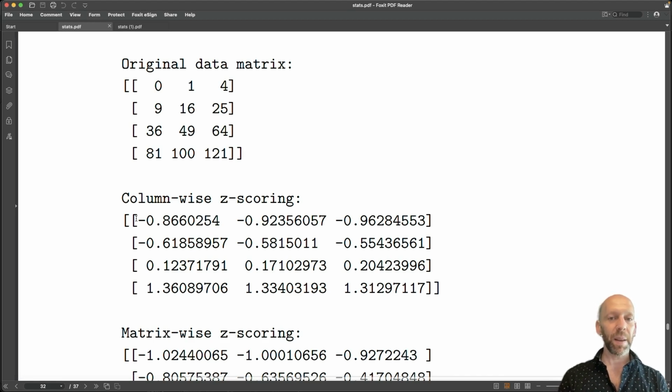On the other hand, the sum along the rows is obviously not going to be 0. I'm saying sum, but I also mean average, because if the sum is 0, then the average is also 0. This is just one way to confirm that the z-scoring worked correctly along the requested dimension. So here, the average across the rows is obviously not going to be 0. So these data are not z-transformed in the rows.